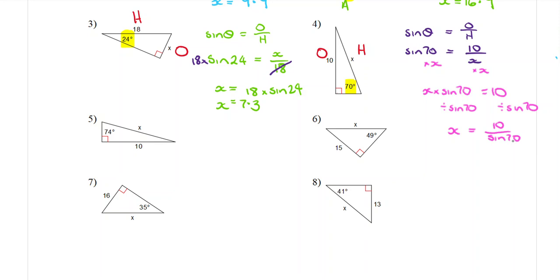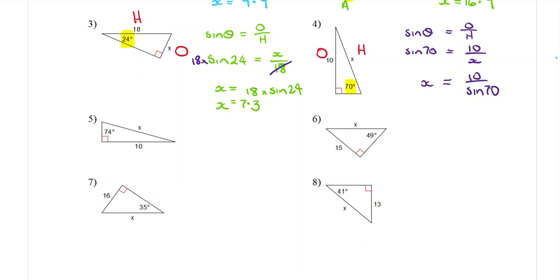So this is your shortcut. I'm going to get rid of all that pink. This is the shortcut. To get the x by itself, when the x is on the bottom, the x and the sine 70 switch. So the x is going to come on here, and the sine 70 is going to go on the bottom of that fraction. So it's 10 over sine 70.